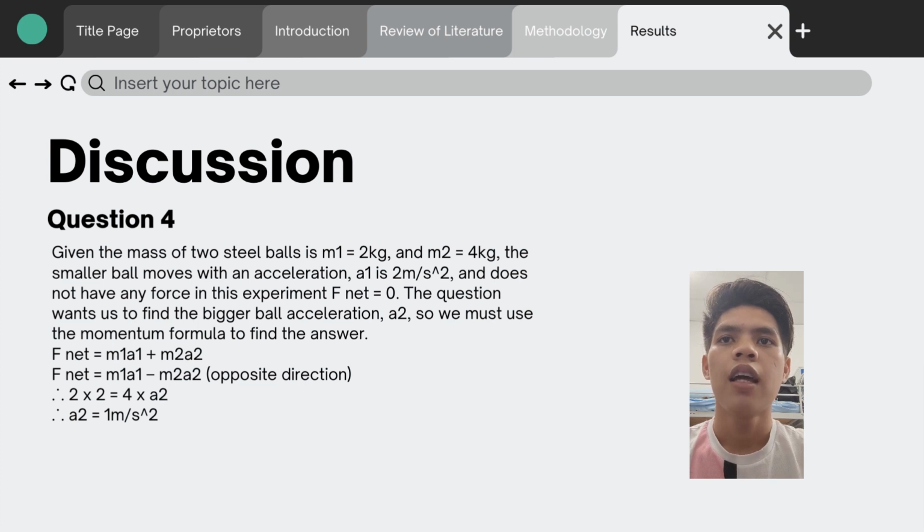F net equals M1 times a1 plus M2 times a2. In the opposite direction, F net equals M1 times a1 minus M2 times a2. So 2 times 2 equals 4 times a2. So a2, the acceleration of the bigger ball, is 1 m/s².